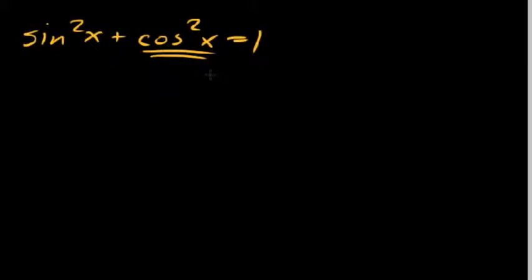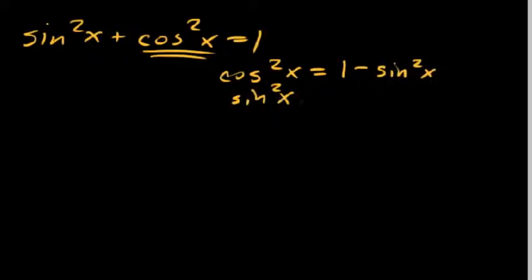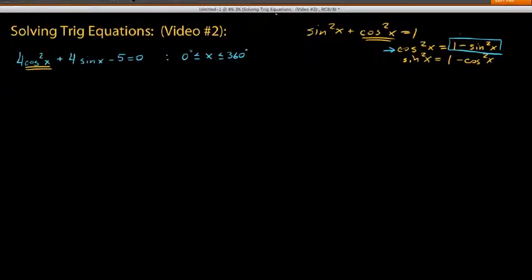It's a very good thing to get used to the fact that cosine squared is equal to 1 minus sine squared of x, as well as sine squared of x is equal to 1 minus cosine squared of x. But in this case, we're going to use the fact that cosine squared of x is equal to 1 minus sine squared of x so that we can substitute this back into our equation on the left for our cosine squared, which would in essence make this entire equation all in terms of sines.